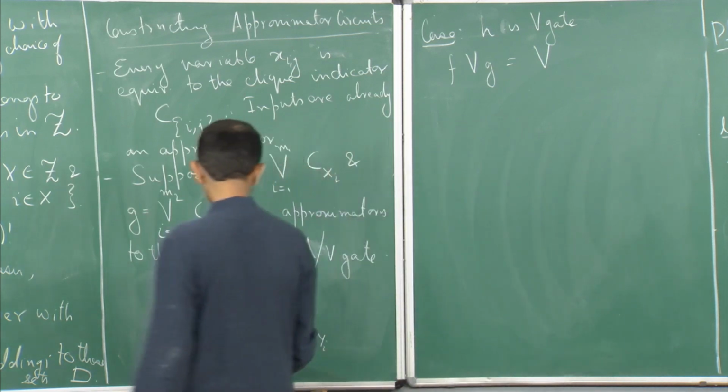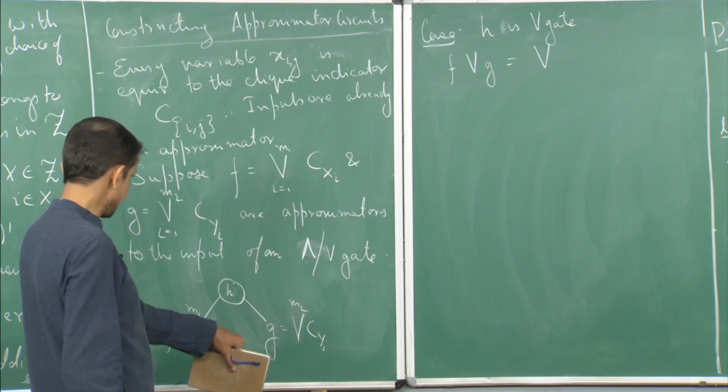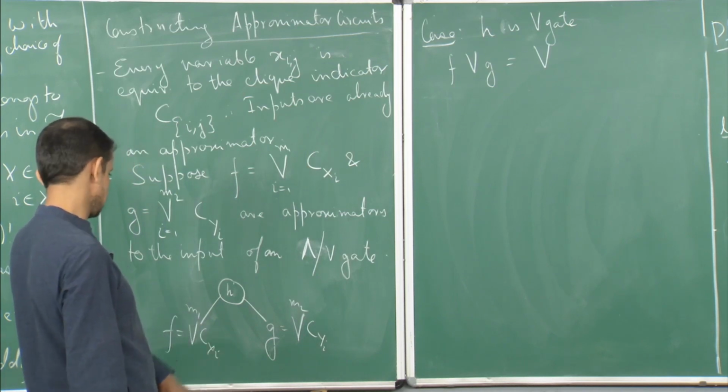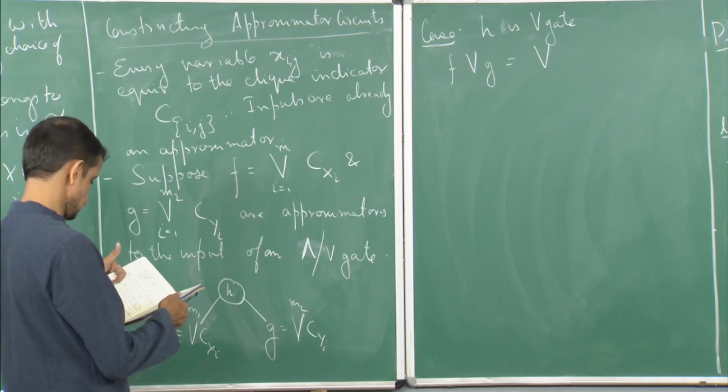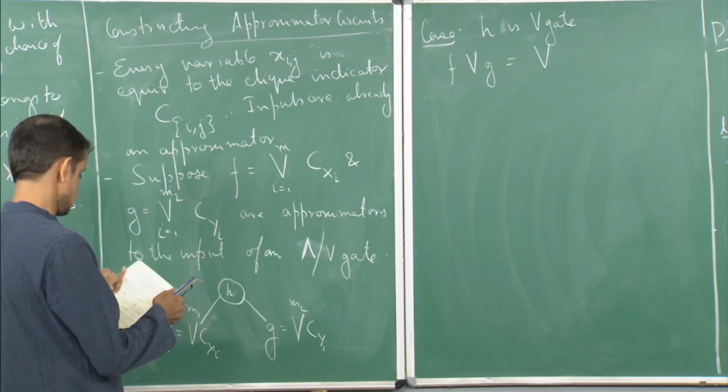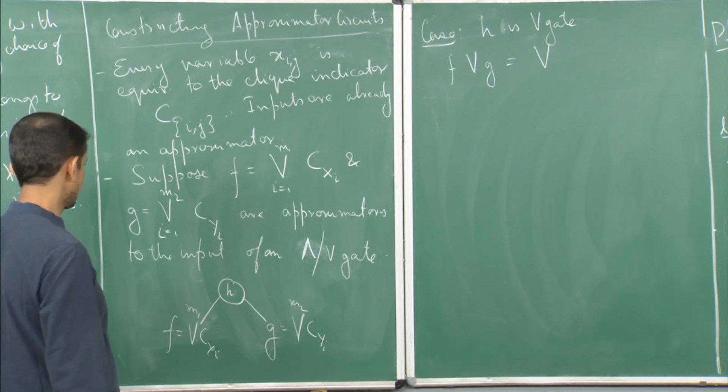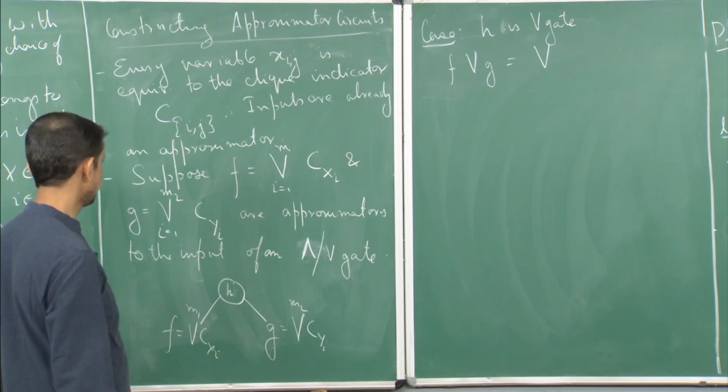One more thing I need to define: these x_i's and y_i's come from a set.